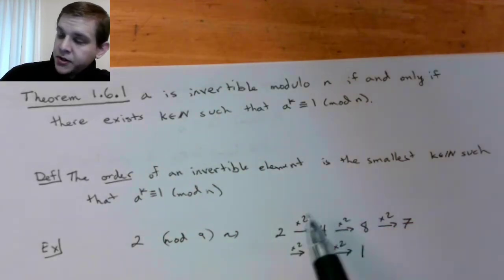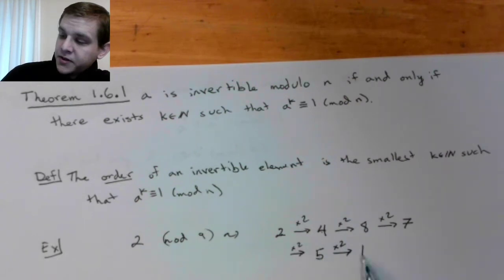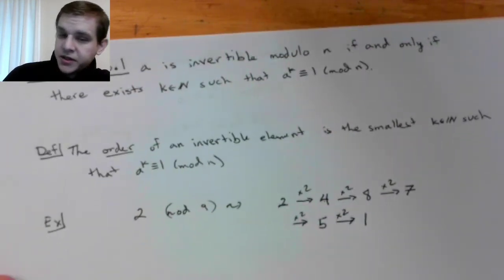So the order is, this is 2 to the first, second, third, fourth, fifth, sixth. So the order of 2 is 6.